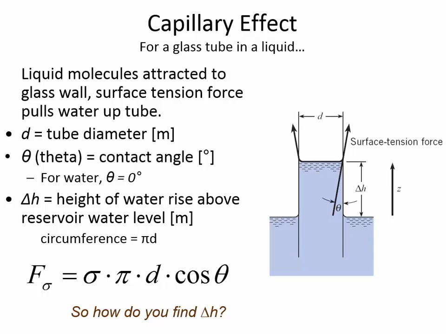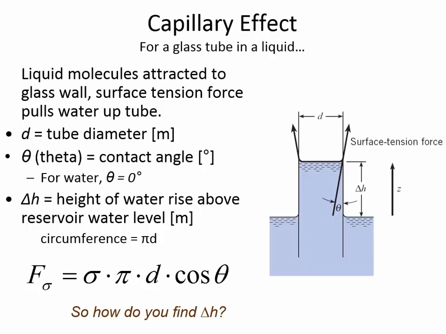Let me bring the lights up so it's a little bit easier to see the board. Okay, so here we have some water, and we dip a glass tube down into the water. As soon as we do that, the water, since it's attracted to the surface of that tube, is drawn up and it keeps rising until it stops, and it finally comes into equilibrium at a certain point.